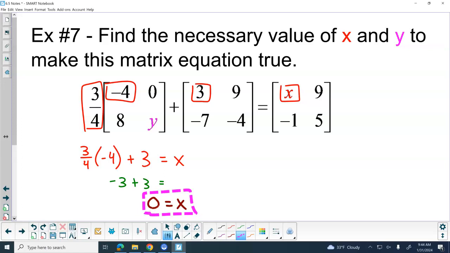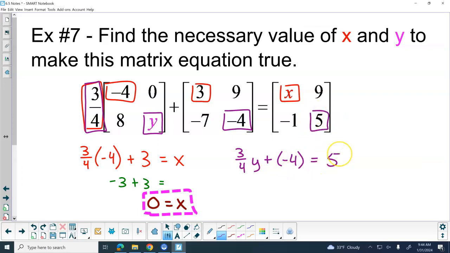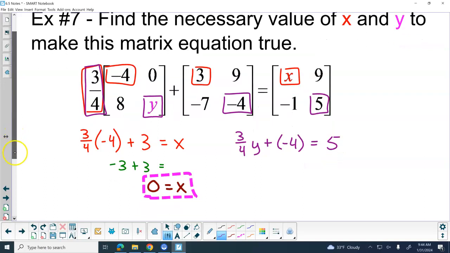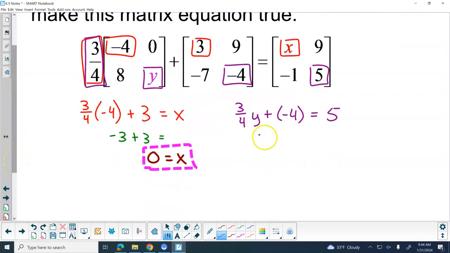Okay. Y is in this second row, second column case. It's still being controlled by the 3/4. We have to add that to -4, and that result then is going to be 5. So that's really 3/4 y minus 4 is 5.